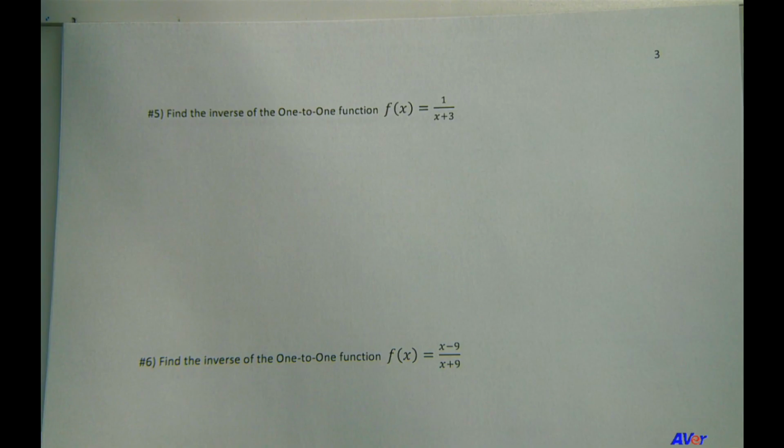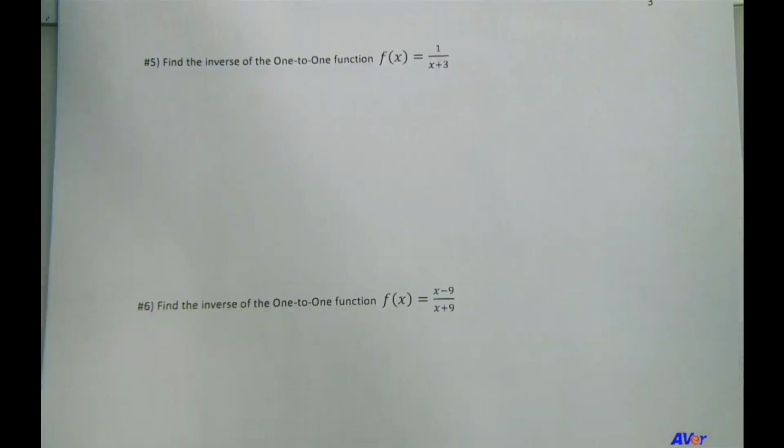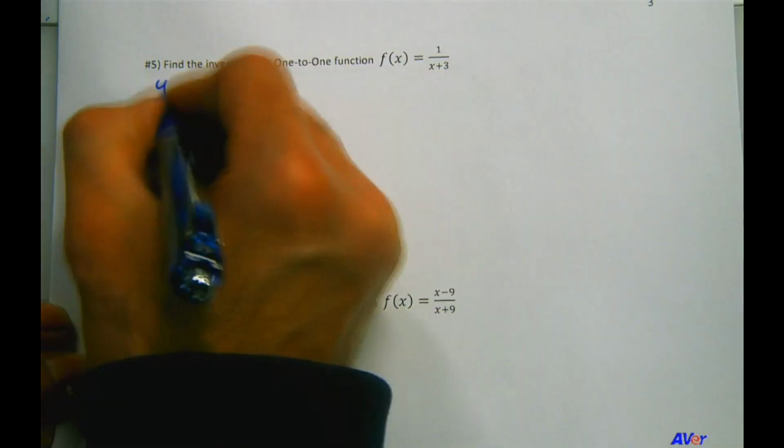So please download that, answer all these on a piece of scratch paper, and then come back to the video. I hope you do that. I'm assuming that you've already solved these and now you're here to compare your solution with my solution. So the first thing I'm going to do is replace this function notation with y.